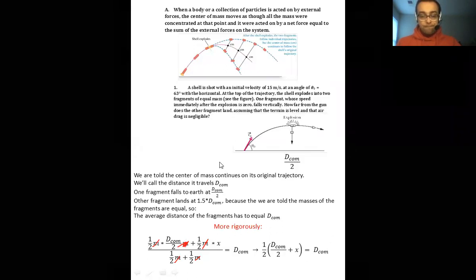All right. So if we evaluate this, we find that x does indeed have to equal 3 dCOM over 2, or 3/2 dCOM, which will give you 4/2 dCOM times 1/2, which is equal to dCOM. Okay, so x is equal to 1.5 times dCOM.